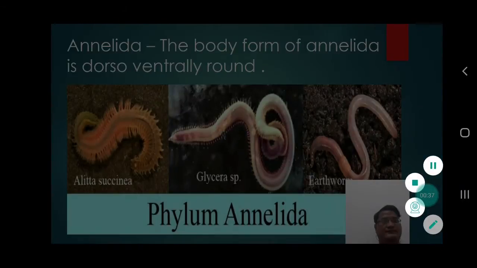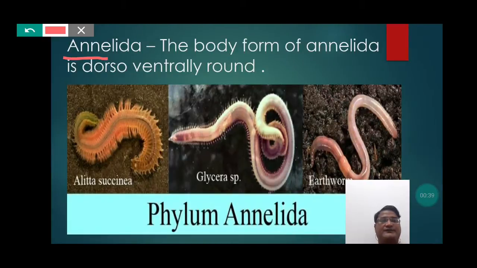Students, Annelida is having the body dorsoventrally round. Students, when we say dorsoventrally round, that means round from the front and round from the back.